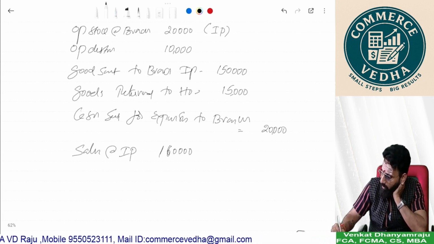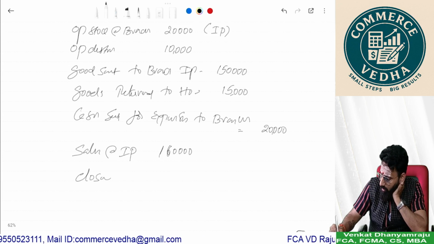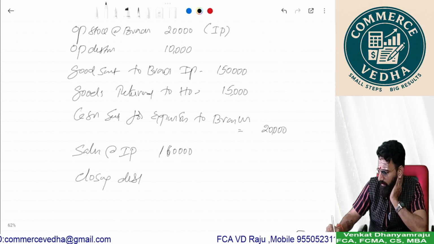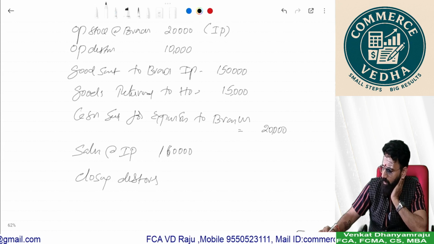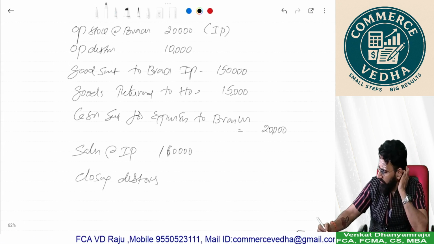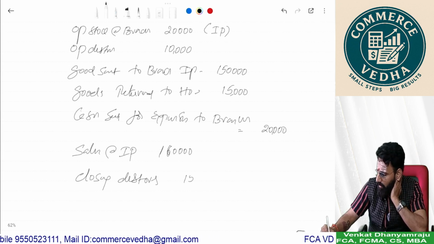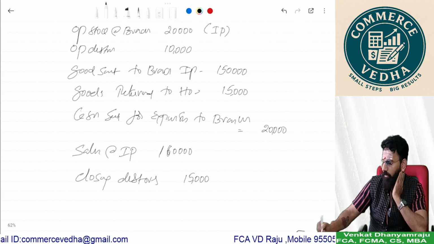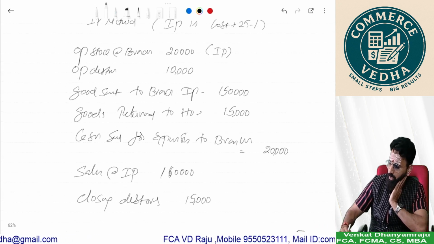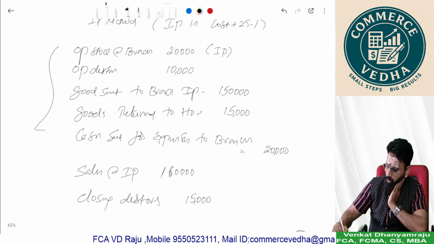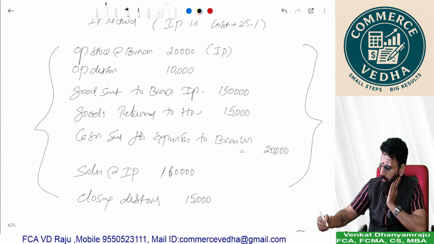Now, closing debtors 15,000. This is the small information I have given you to prepare the branch account.